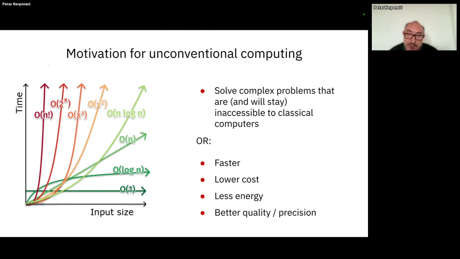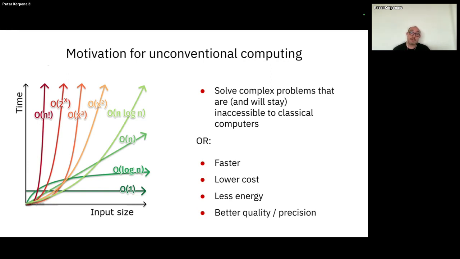Classical digital computers have reached limits in terms of problems that classical computers can solve. Every industry has problems which are not reachable or inaccessible to classical digital computers.